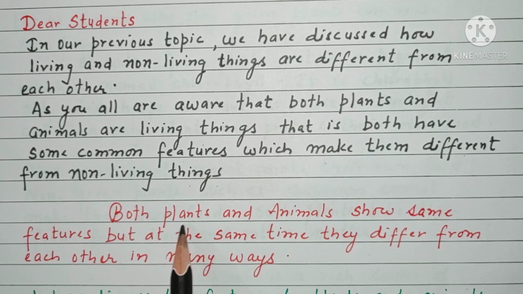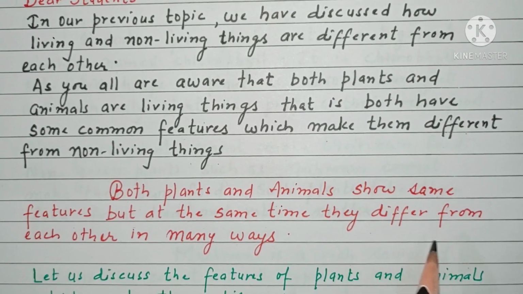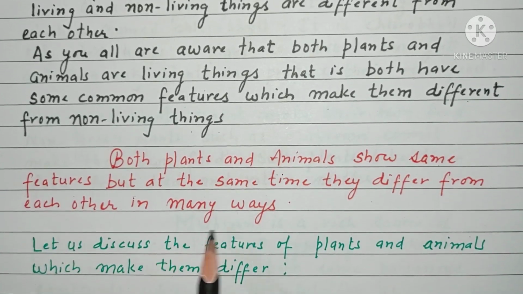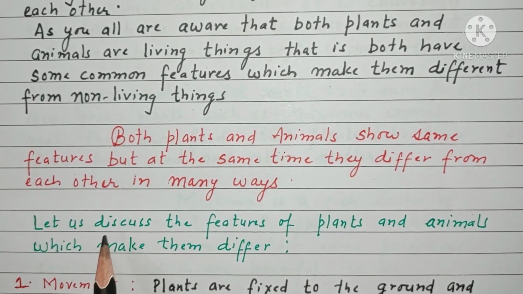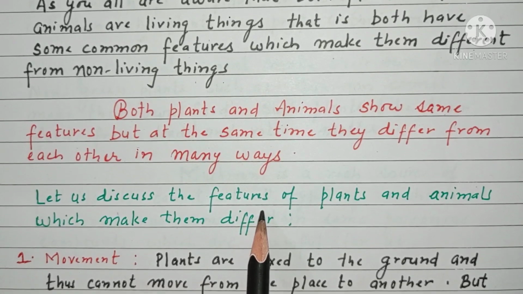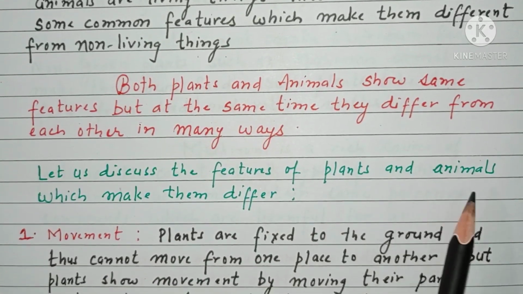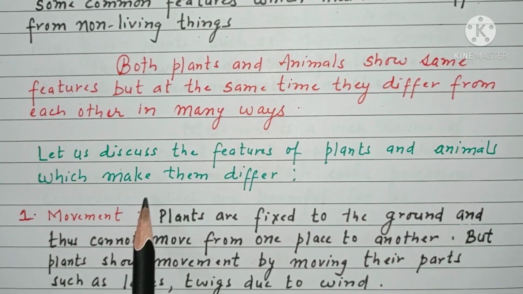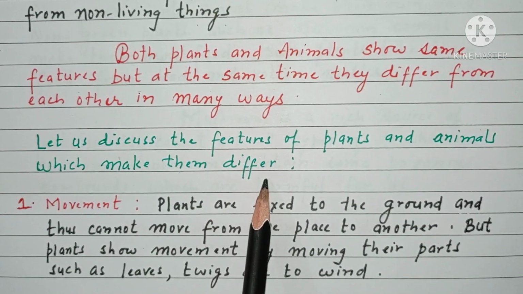Both plants and animals show same features, but at the same time they differ from each other in many ways. Let us discuss the features of plants and animals which make them look different.